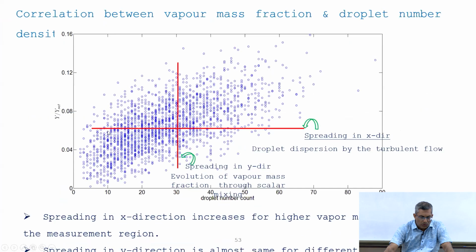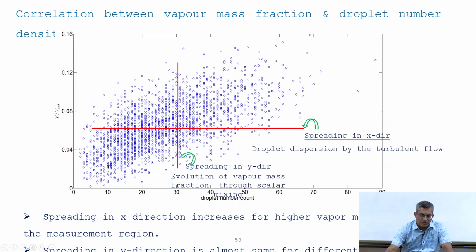And this slide shows now the unsteady dynamics part. That is, this slide shows the scatter plot between the vapor concentration and the number count at a particular location at any instant. So, each point here refers to one instant of time. So, at that instant of time, at that location, what happens to the vapor concentration or vapor mass fraction as droplet number count, say, increases?